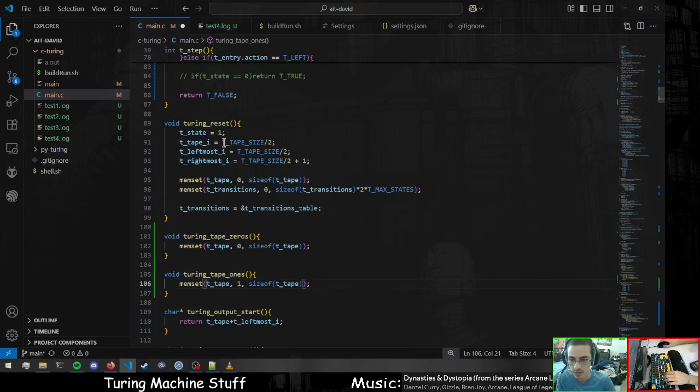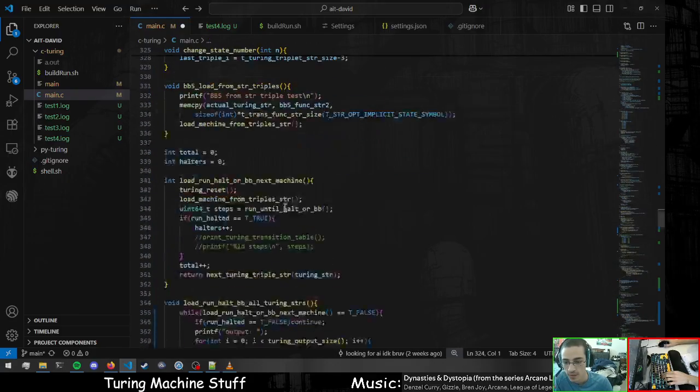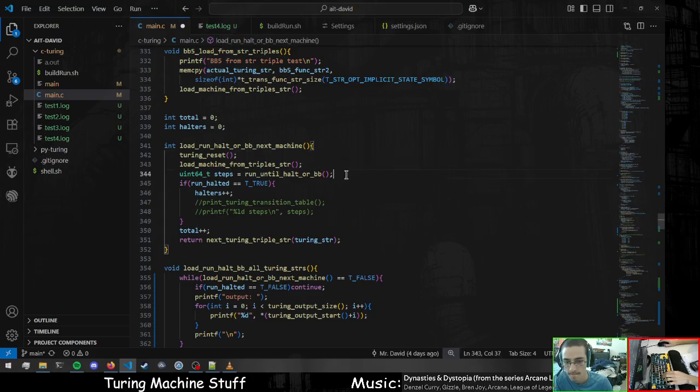So naturally, we do the zeros to begin it. The tape by default, but I could do the ones if I want to. So yeah, I just have to call turn tape ones right after turn reset. So I think I have to make a second function.